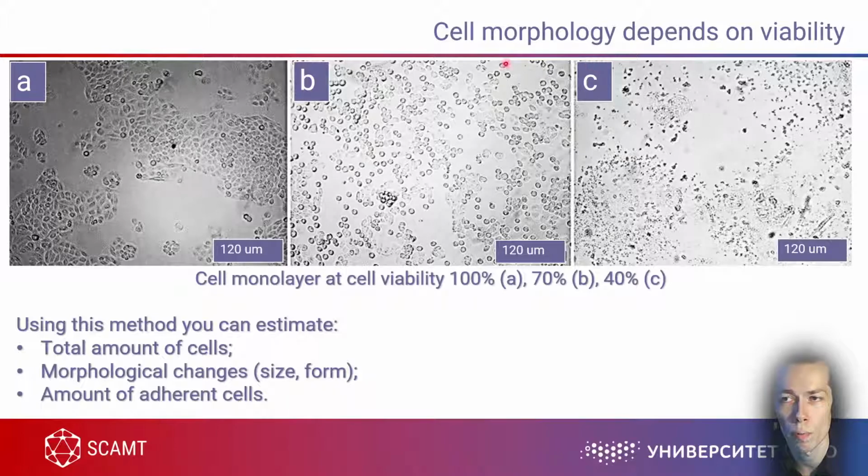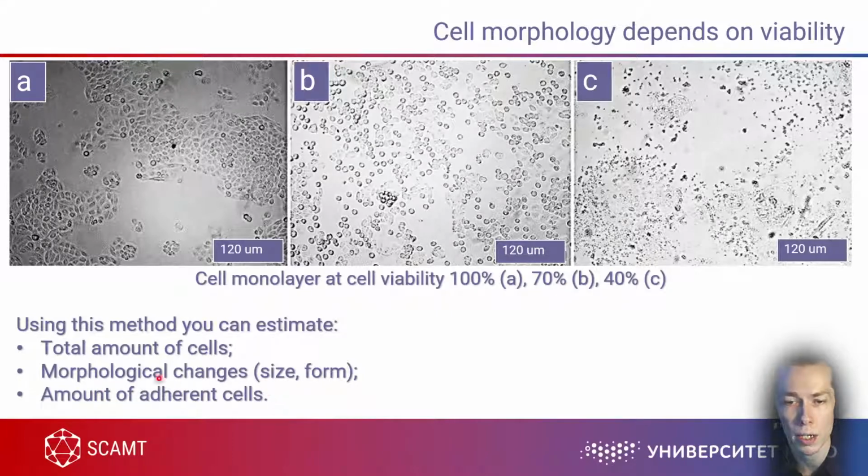For what purposes can you use direct observation with a microscope? To count the total amount of cells, definitely. To observe some morphological changes like size and form, it's still good to observe some changes, because this observation can sometimes be handy. And you can also count the amount of adherent cells.